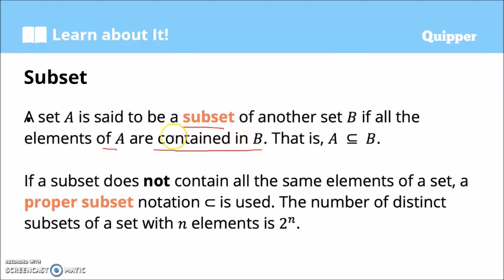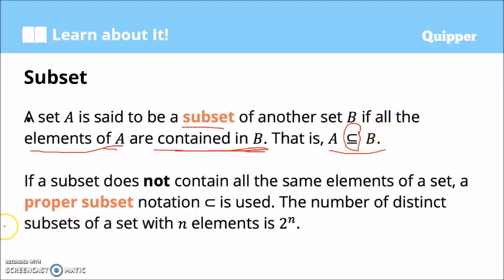Yung isang set, si A, yung isang set, si B. And then, pag lahat daw ng elements ng A ay elements din ng B, then we say that A is a subset of B. We read this as A is a subset of B. So, ibig sabihin, lahat ng elements ng A ay mga elements din ni B.